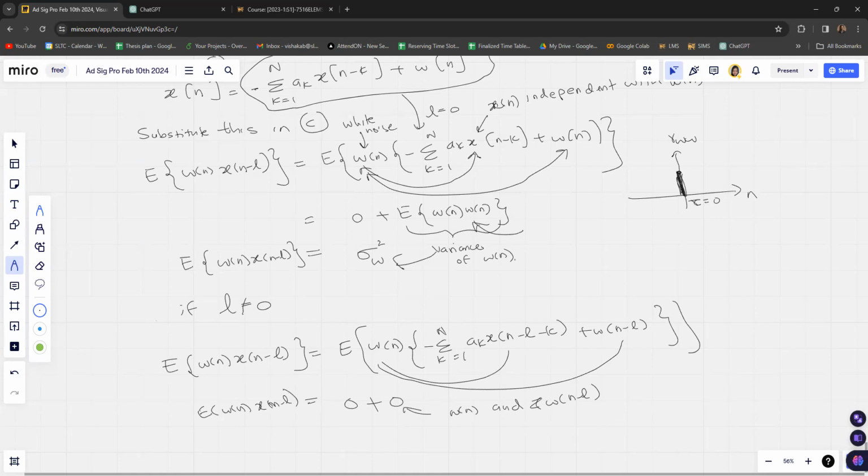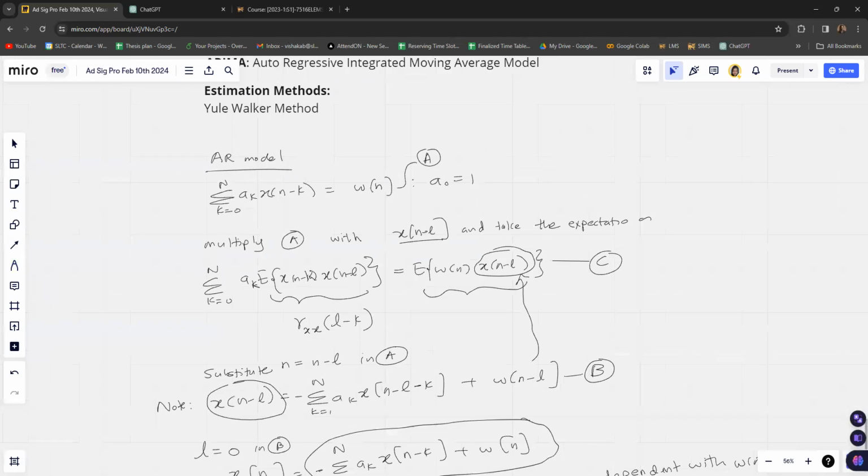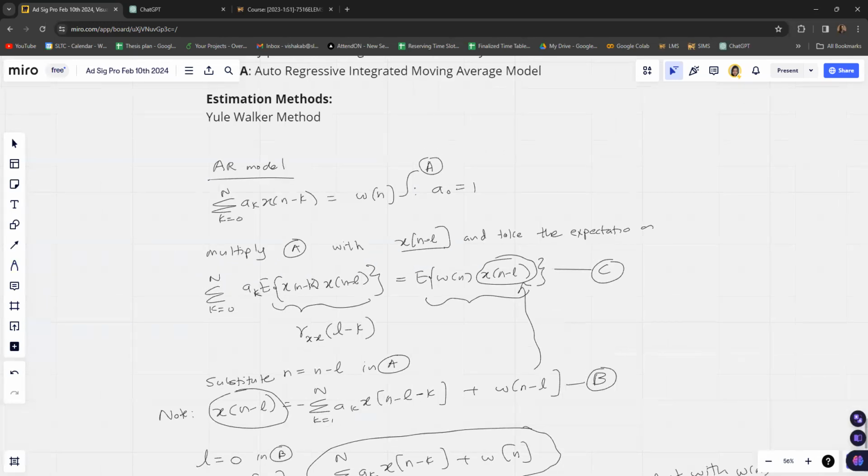So as a summary, regarding the value that we can input in here, we are trying to find a relationship between this autocorrelation function and the input and this expectation value. The value of this expectation will have a value only if L is 0. If it is not 0, then it will not have a value.